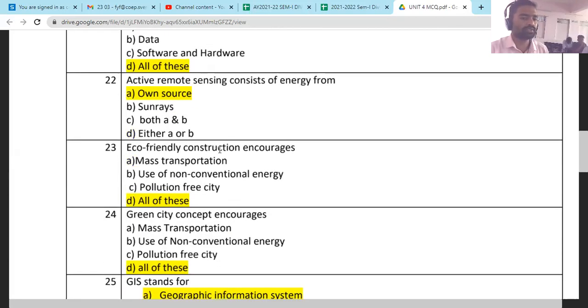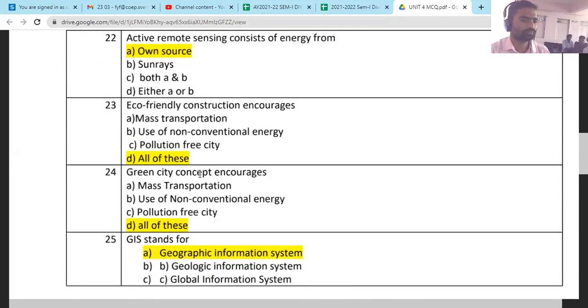Then eco-friendly construction, resources, mass transportation, the same thing as green building. Use of non-conventional energy, pollution-free city, all. Eco-friendly construction means what? Your green buildings. Green buildings are called eco-friendly construction. Mass transportation means all kinds of transportation.